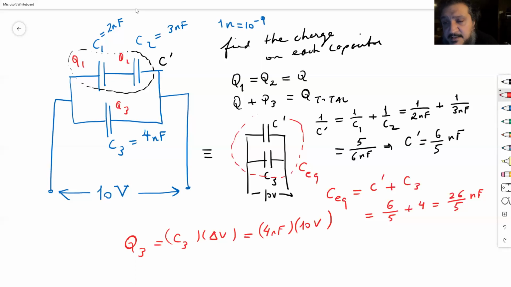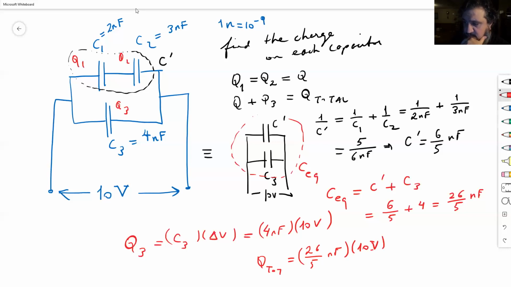And to find Q1, which is equal to Q2, you just subtract this from the total charge, and the total charge would be CEQ times 10. So 26 over 5 nanofarads times 10 volts. All right, so find Q total and subtract Q3 from it, and you'll find Q1, which is equal to Q2.